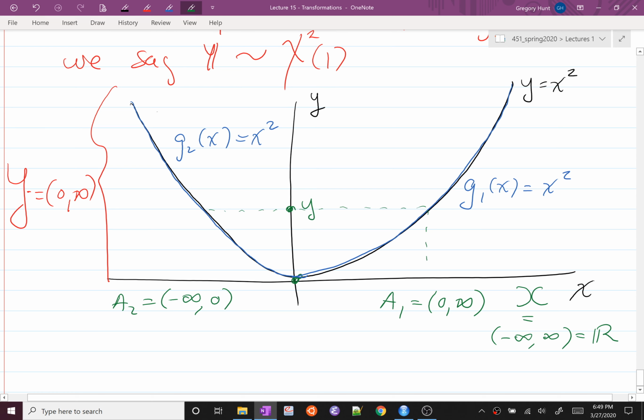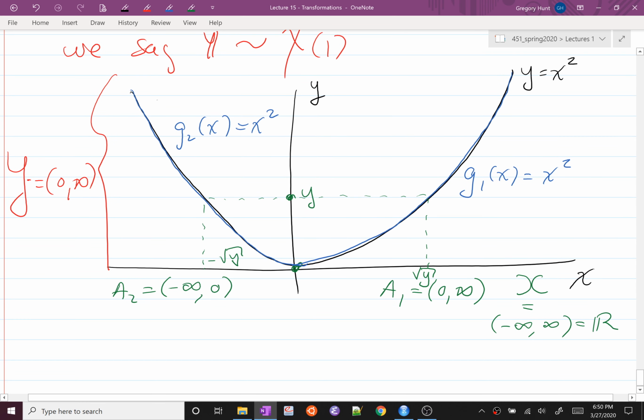It could have come from the square root of y, or it could have come from the negative square root of y, right? So if I had plugged the square root of y into my function, I would have gotten y. If I had plugged the negative square root of y into my function, I would have gotten y. So, right, this thing's not invertible.